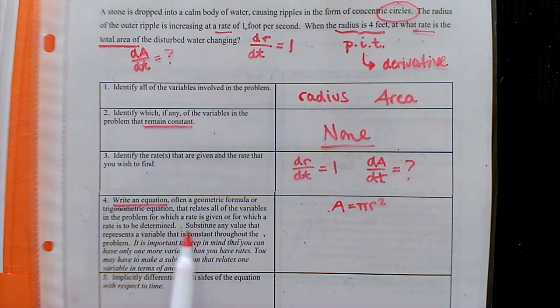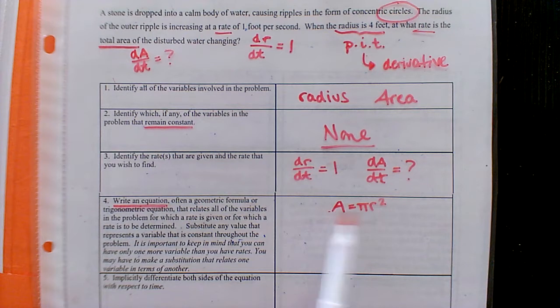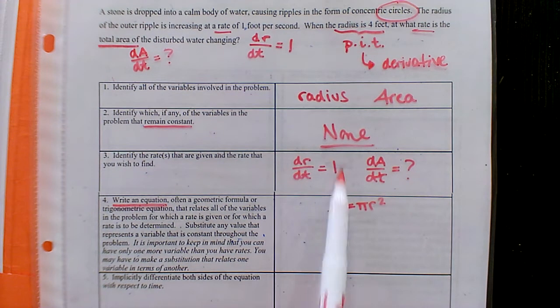So we can't substitute anything in just yet because we didn't label anything as constant. The other thing we need to check is that you can only have one more variable than you have rates. If you take a look at your equation, you have 2 variables, which means we should only have one rate. And notice how that's the case.